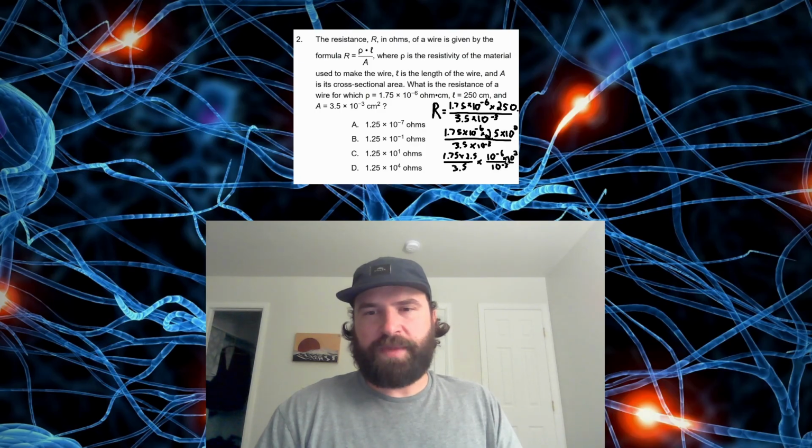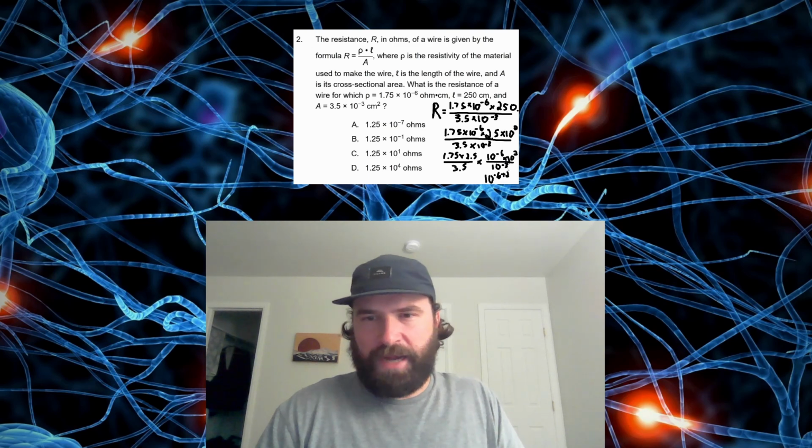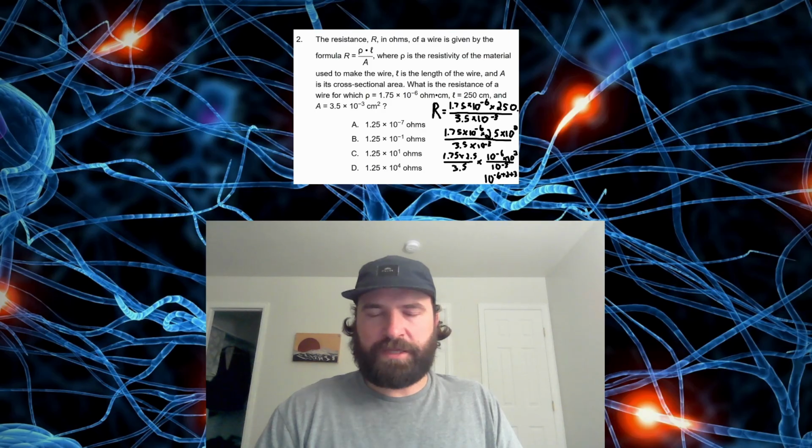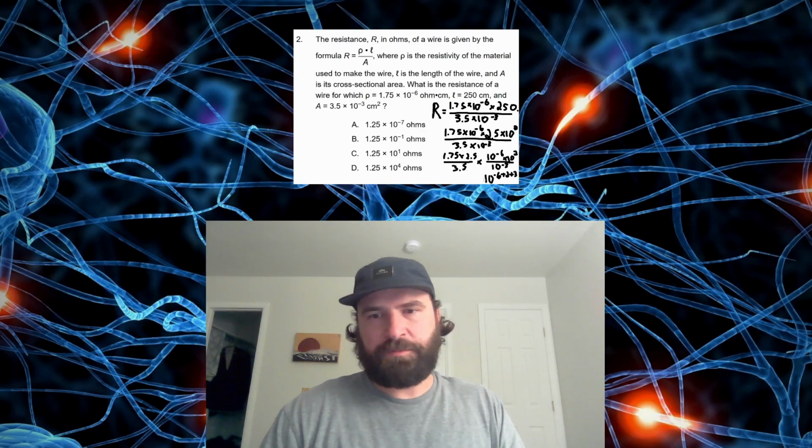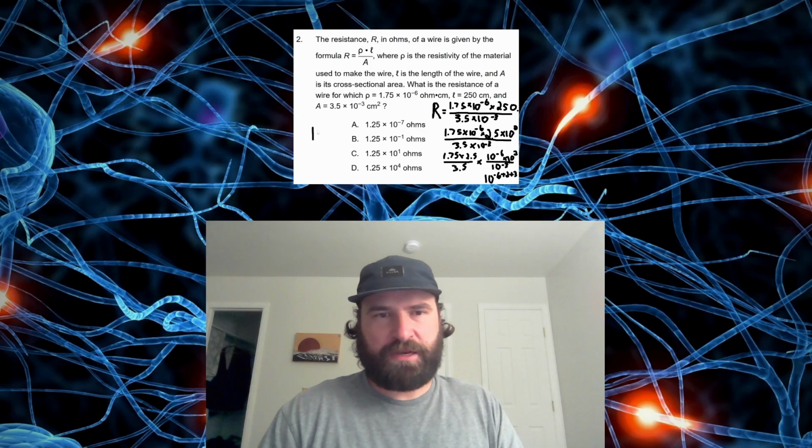So we can add exponents that are being multiplied and subtract ones that are being divided. We can have negative 6 plus 2, and then minus negative 3, which ends up being plus 3, and all that simplifies quite a bit. When we simplify all of this down, we just get 10 to the negative 1 power.